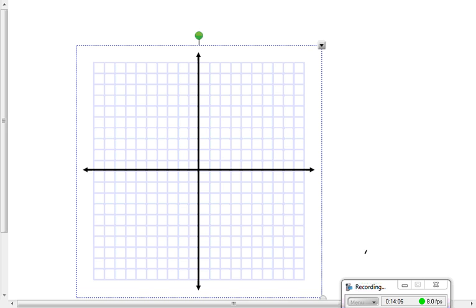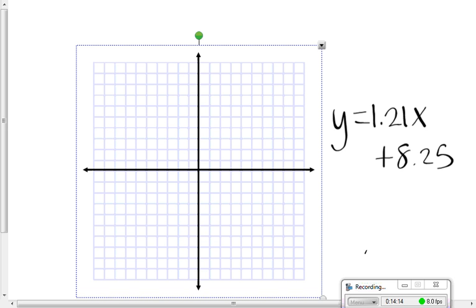So we have y is equal to 1.21x plus 8.25. Where do I start off at? The y-intercept, yes. And so I'm going to go ahead and I'm going to count up to about 8.25. That's 1, 2, 3, 4, 5, 6, 7, 8, and a little bit more. And I'm going to put a dot right there.